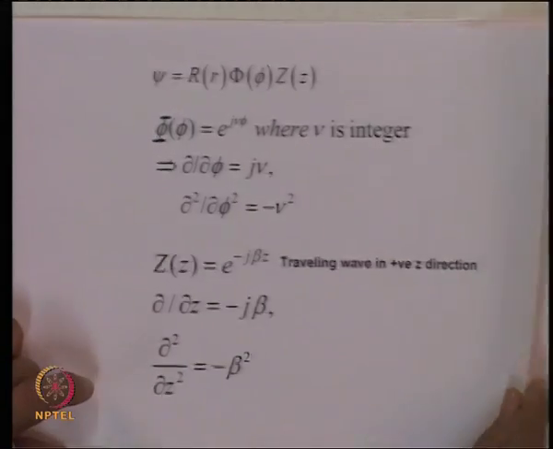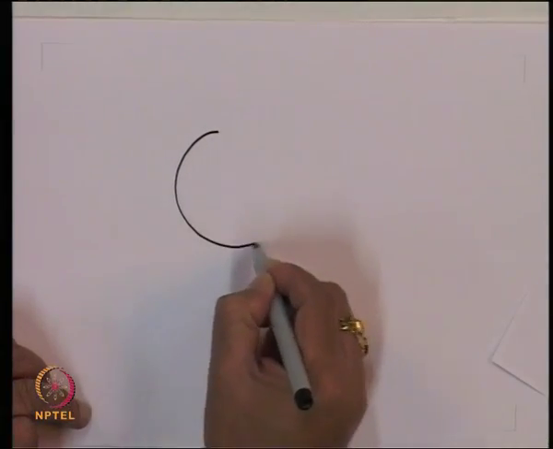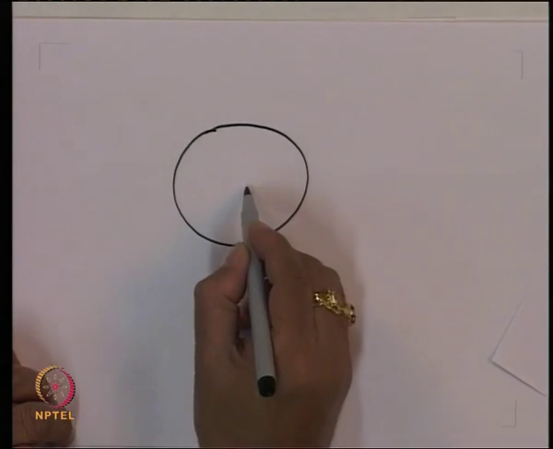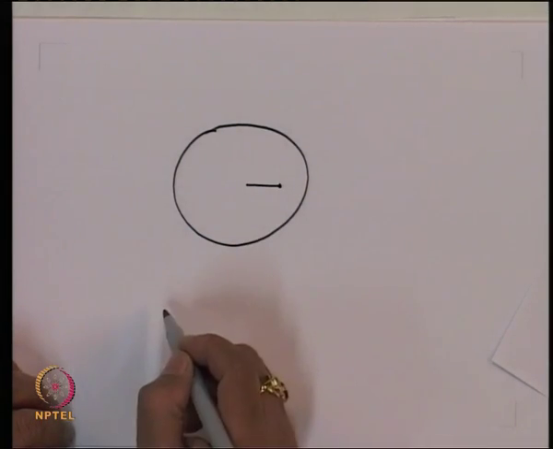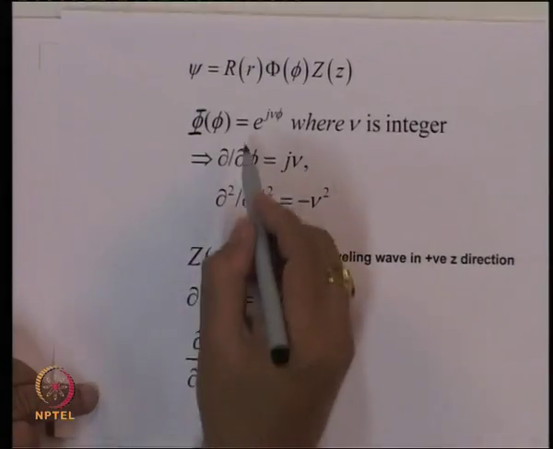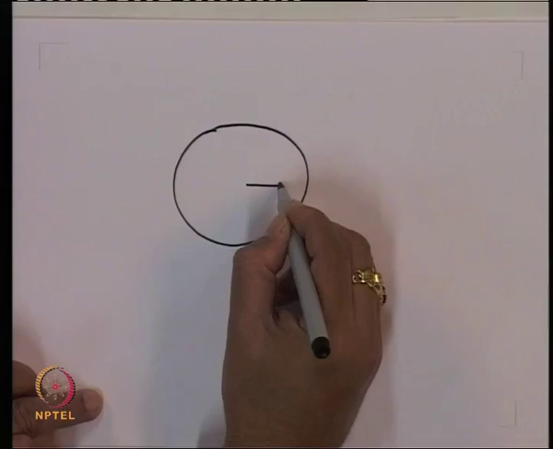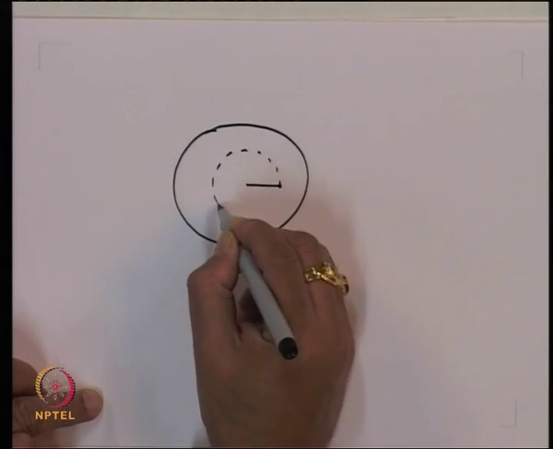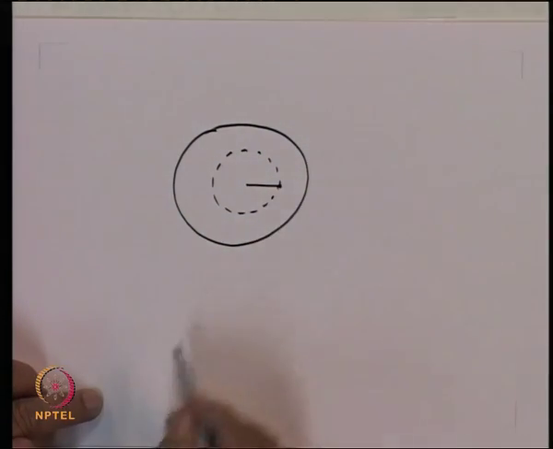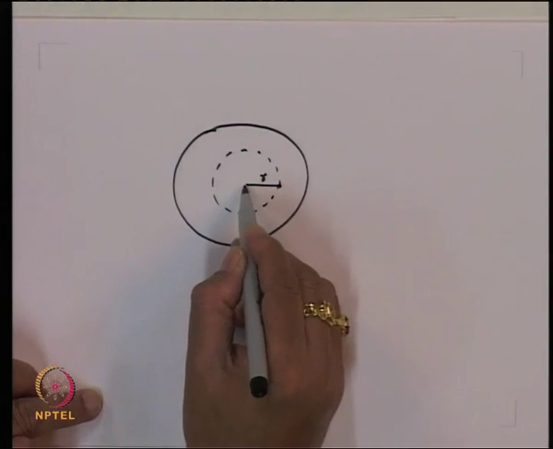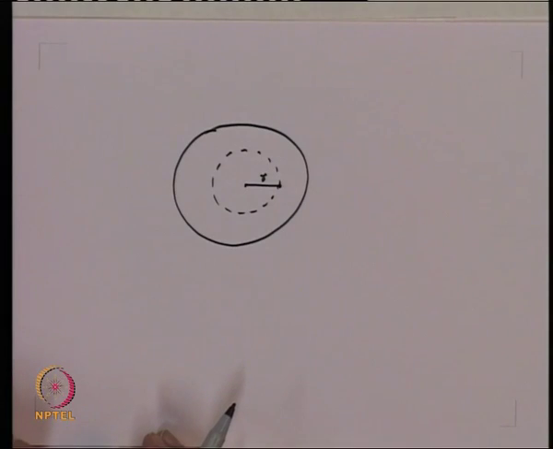That means, if I consider a cross sectional plane like this of the fiber at a given point r, as we move phi, it moves along a circle of radius r, and the center of the circle is the same as the center of the fiber.